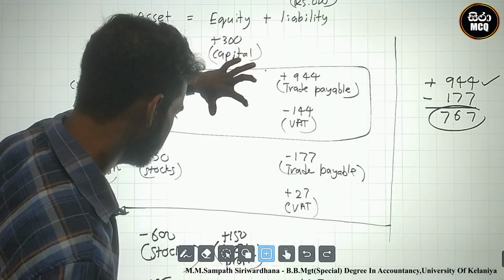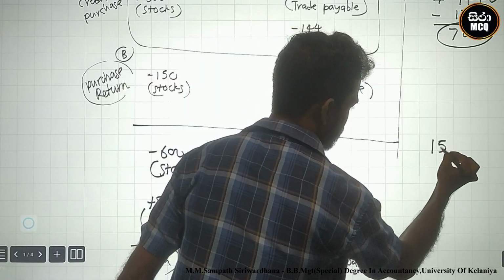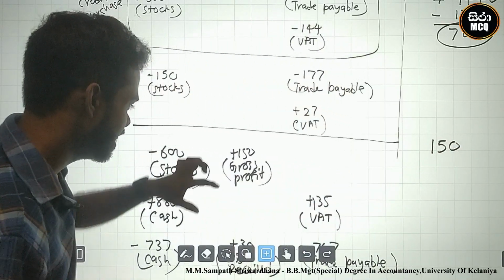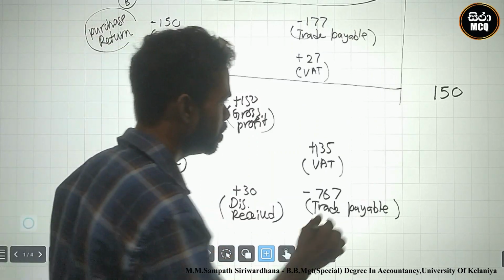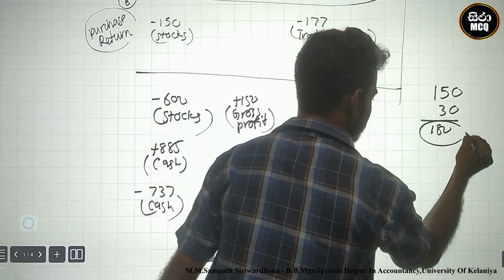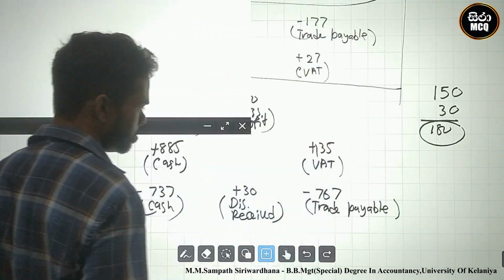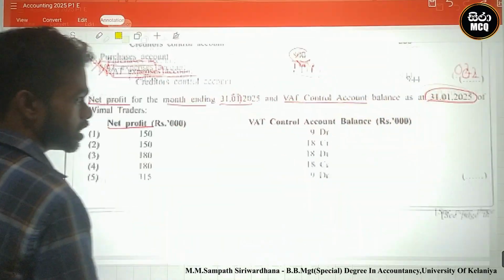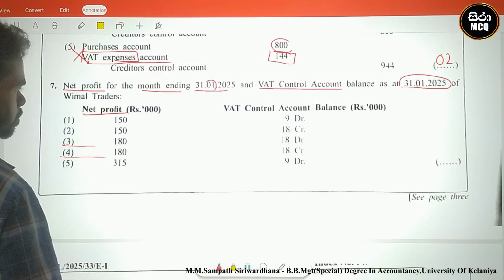The second one is gross profit 150, which impacts net profit. After that discount received is income, plus 30, so the profit is 180. Okay, 180. There are some more answers.